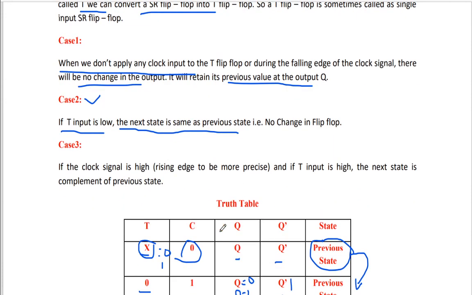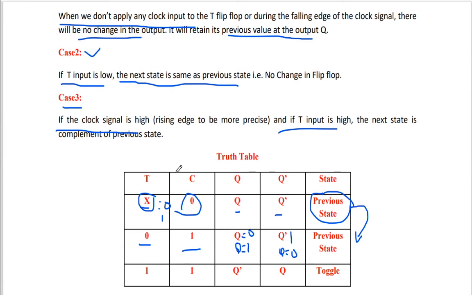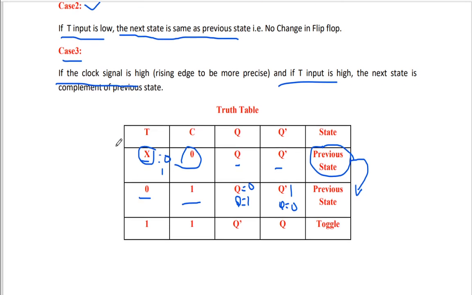Now in case 3, the clock pulse is high and the T input is high, that is, we are giving T equal to 1. Now what is happening here? The next state is the complement of the previous state. So here you can see, students, that the next state is the complement of the previous state.